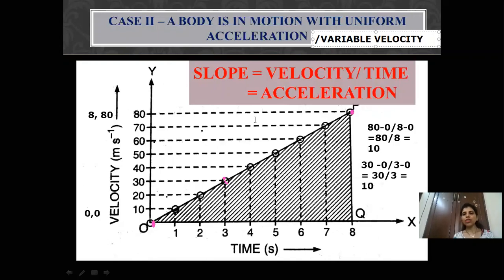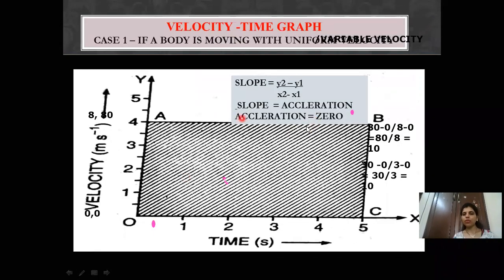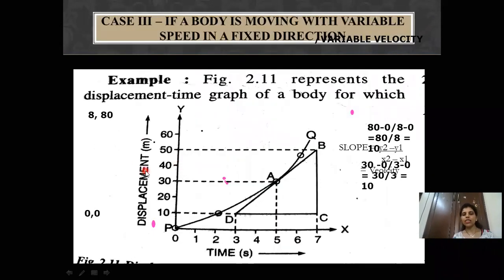Okay, so if you see in the previous graph which we have seen over here, you can see that it is showing a displacement time graph and it's showing a curve. So if it is showing a curve, it's showing a variable velocity.